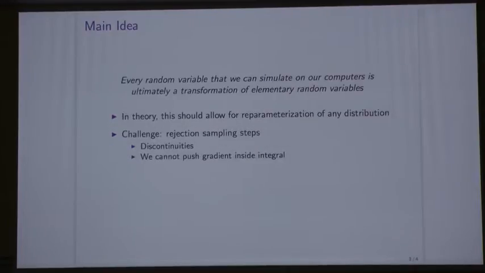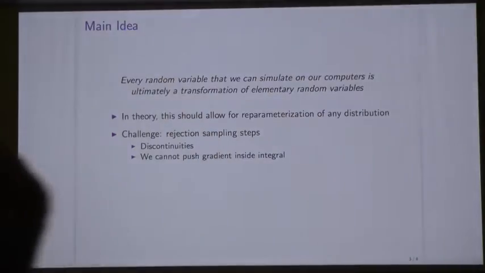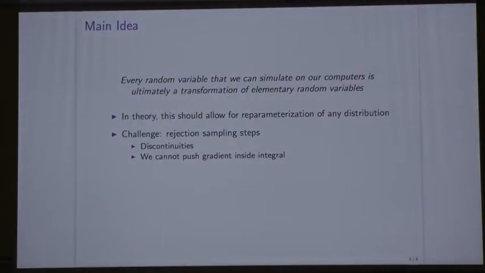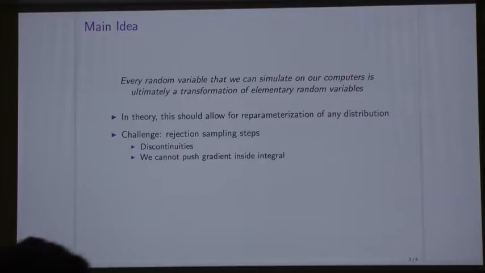So the main idea is that if you think about it, for every random variable that you generate on your computer, you first simulate from some elementary distribution and then apply a set of deterministic transformations. So in theory, you should be able to reparameterize any distribution. However, there is a challenge that we didn't think about, which is that in computers we use rejection sampling.